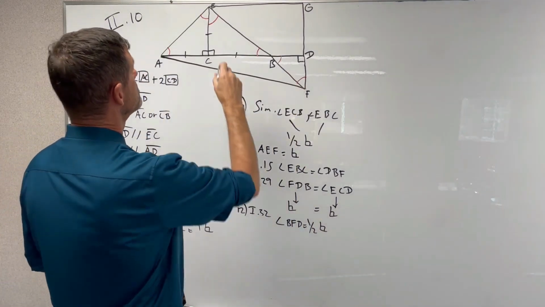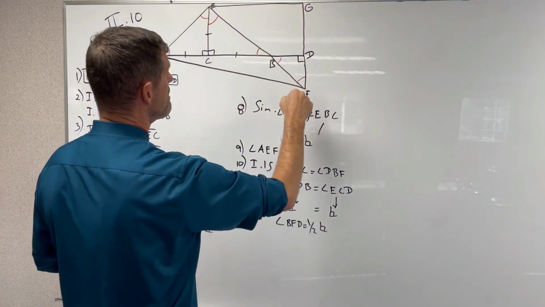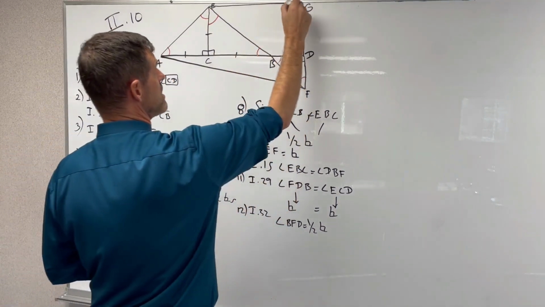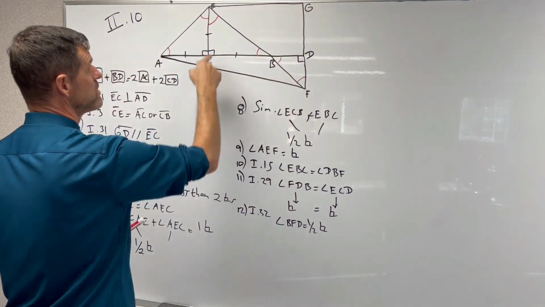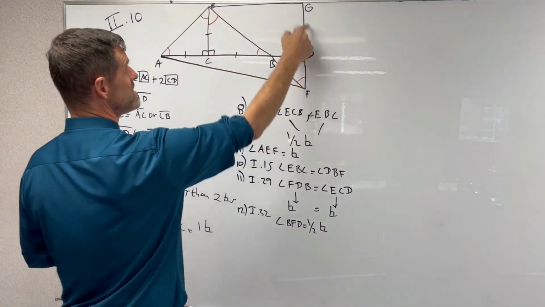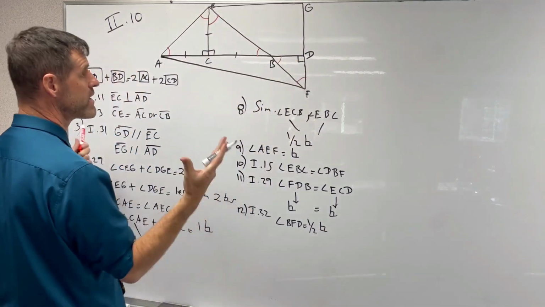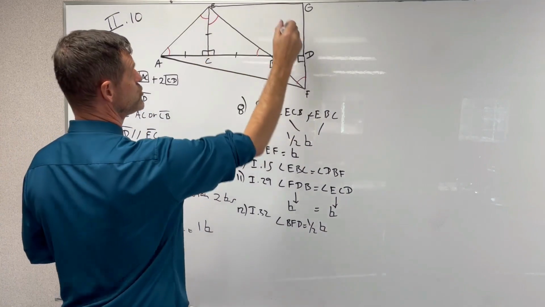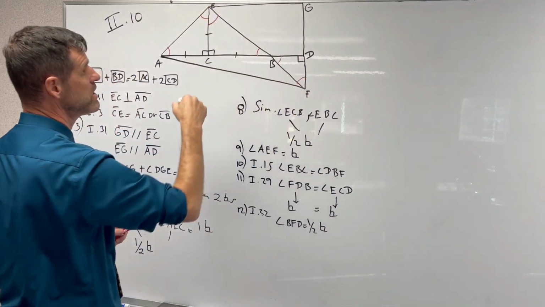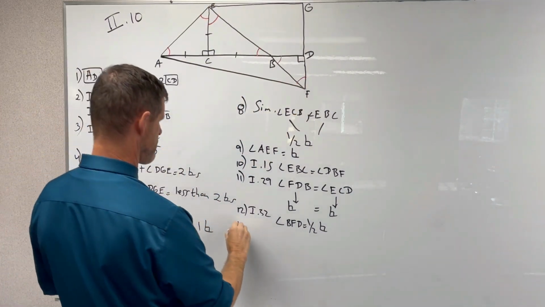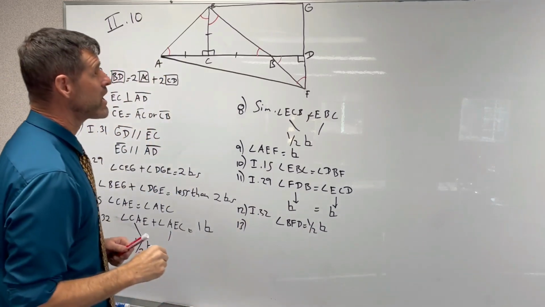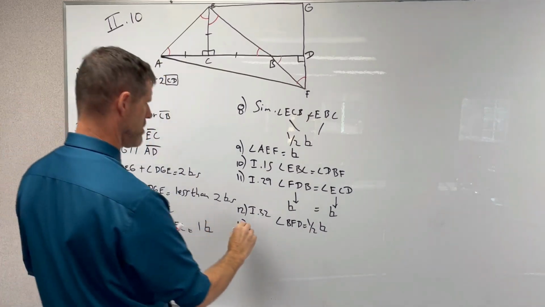Now if you look at triangle EGF, we know that the angle at G, because the figure ECDG is a parallelogram, we made it that way, CD parallel to EG and DG parallel to EC, and we know from Proposition 34 that opposite angles in a parallelogram are equal.